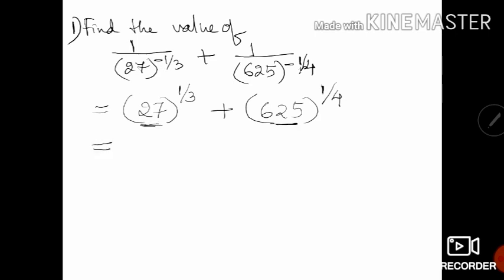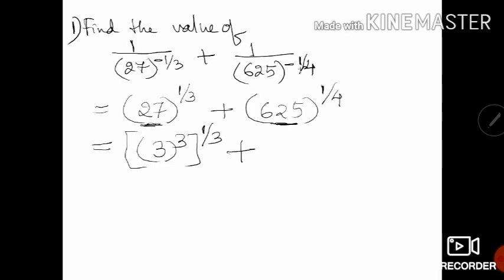Now we express the base in each term as a number with power. So 27 can be written as 3 to the power 3 and then to the power 1 on 3. We have only written the base as a number with exponent.